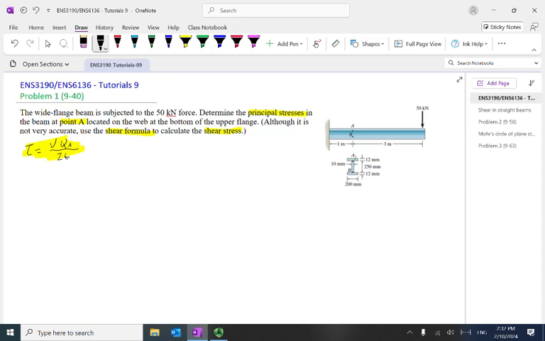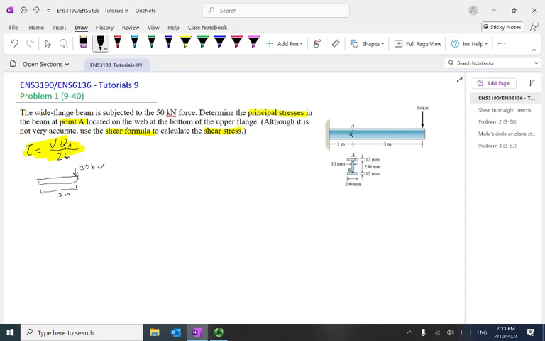So we combine all the things and use the method of section. Where's the method of section? We cut this way, and we look for another one. Otherwise we can save time. This is for 50 kilonewton. We cut, remember here's 3 meters.